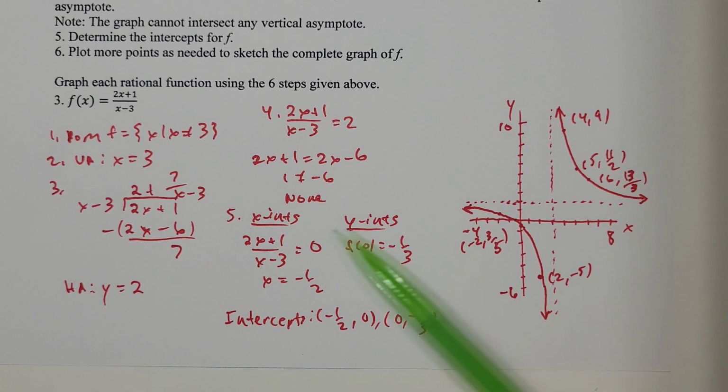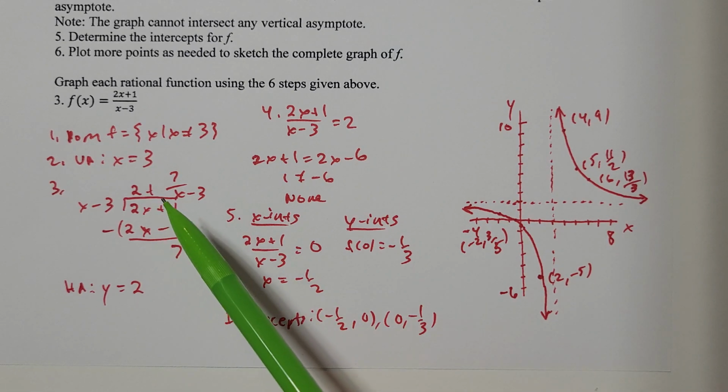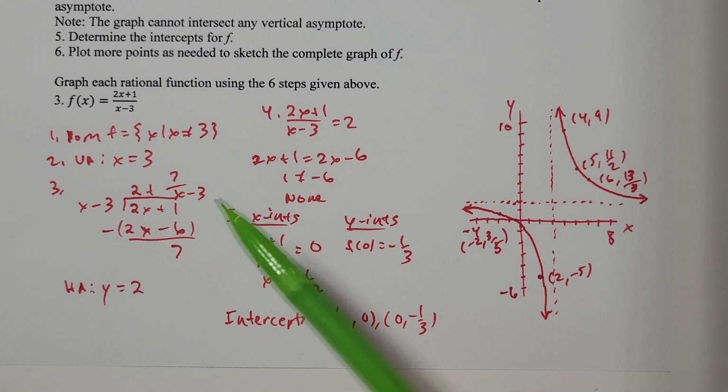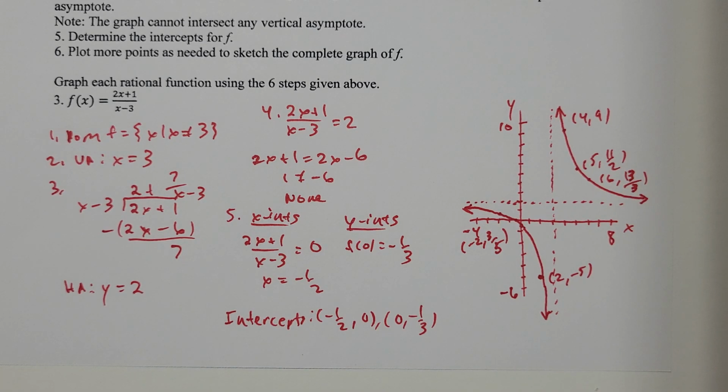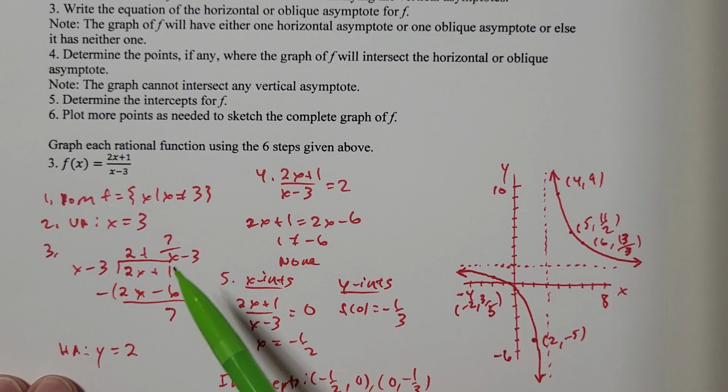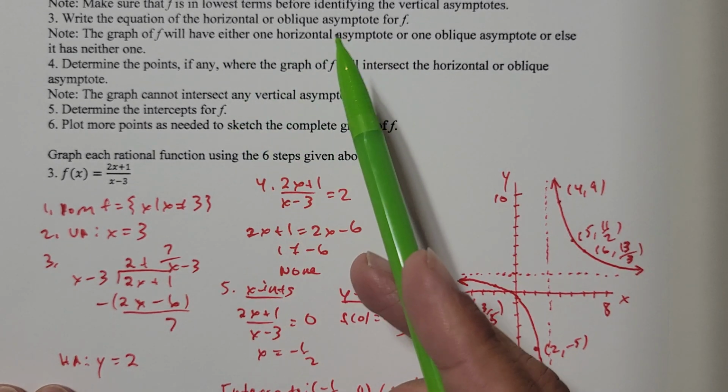No, you didn't finish the division. It'd be 2 plus 7 over x minus 3. That's the answer.